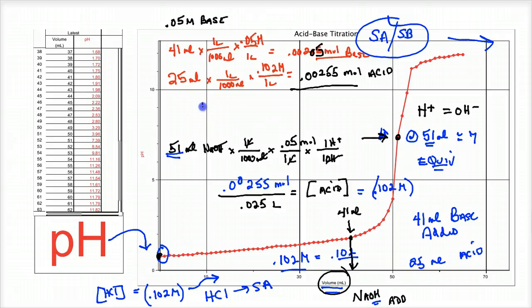So I can do my acid and my base. I know my acid is 0.00255. My base is 0.00205, and of course the limiting factor is the base, so you minus that value, and you minus that same value. So there's your initial, there's your change.